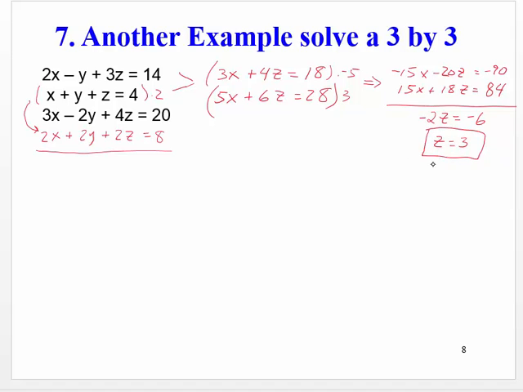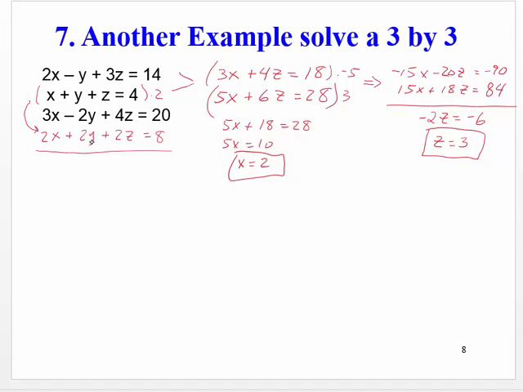Okay, we got our first variable. Let's get a second variable. Use this equation. 5x plus 6 times 3, which is 18, is equal to 28. 5x is equal to 10. And x is equal to 2. Very good. Now we just solve for y.